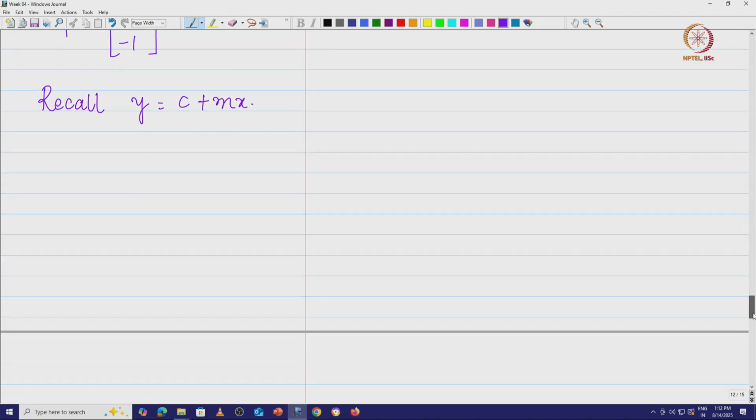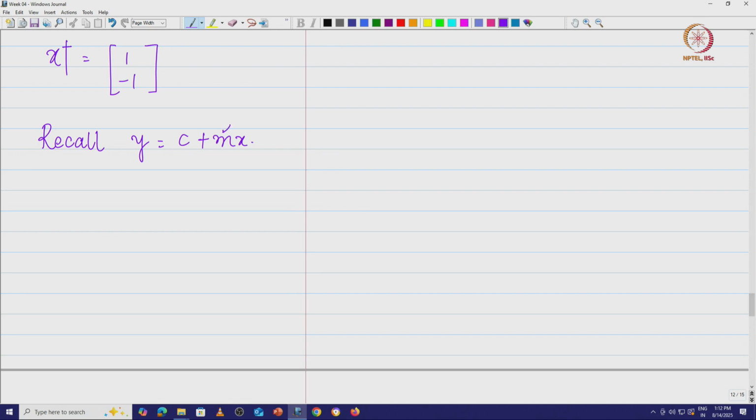Now, what we see here, we found the value of m and c, the value of m is minus 1, the value of c is 1. So, from here we can say that the components of x opt, or the x dagger, which we also call the x opt, the optimal solution, is given by basically c and m, and that here is nothing but 1 minus 1.